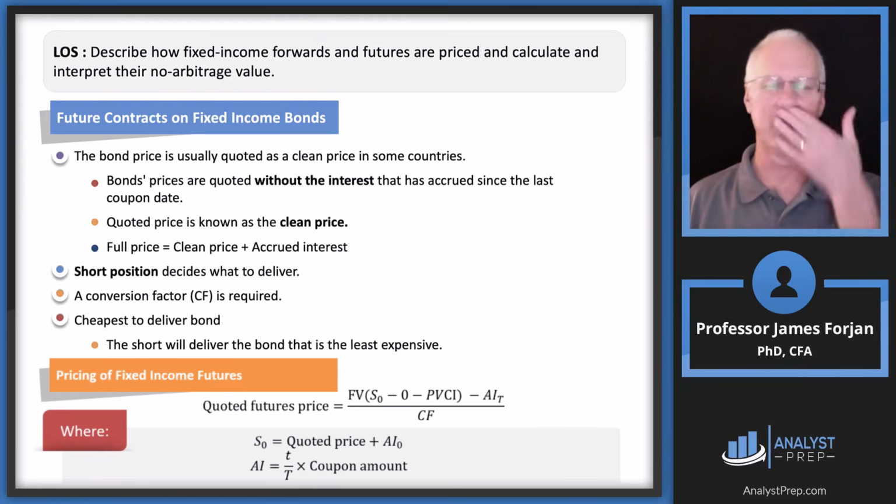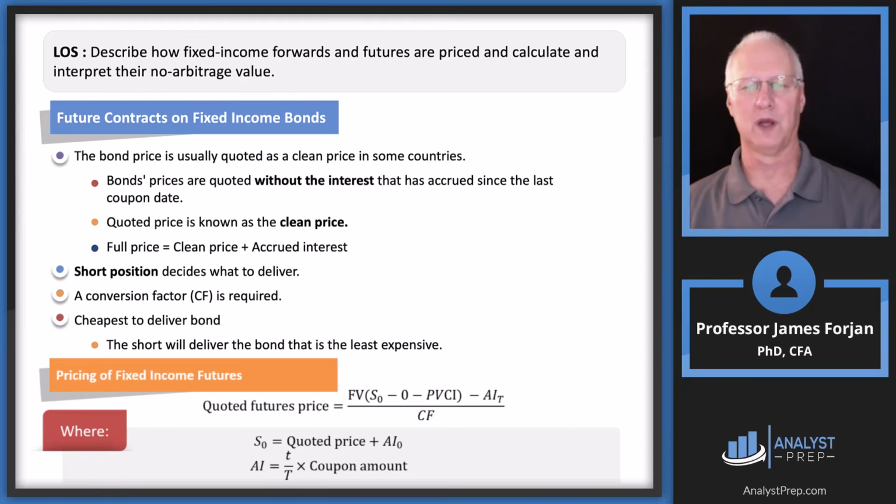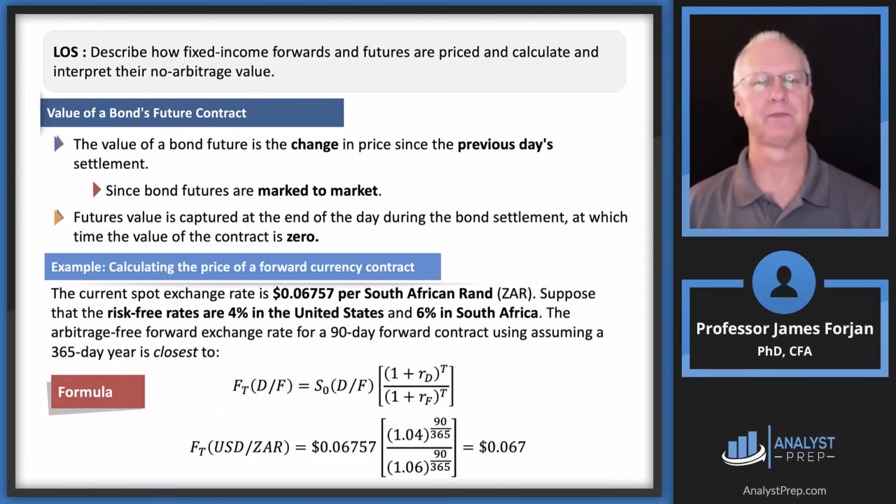Notice what we have in that orange bullet point. The short will deliver the bond that is the least expensive. And so there is a good old quoted futures price formula, which includes a measure of the accrued interest.